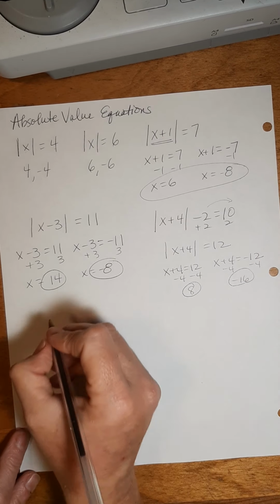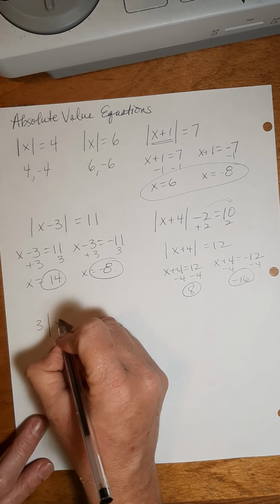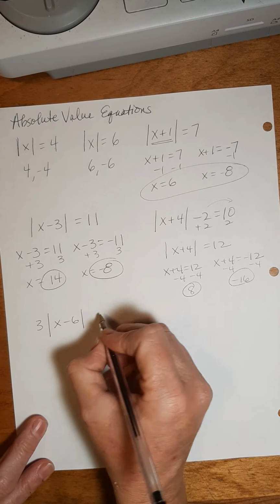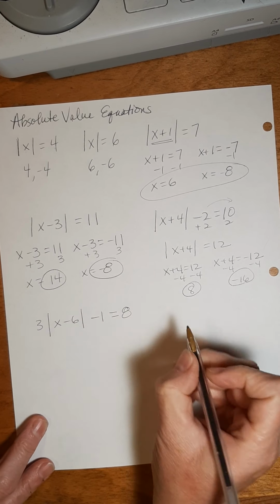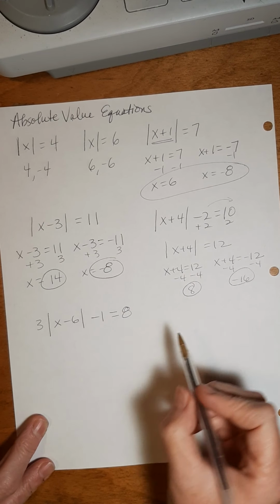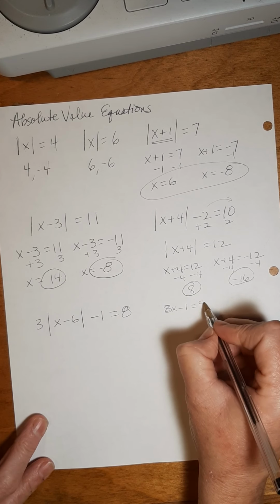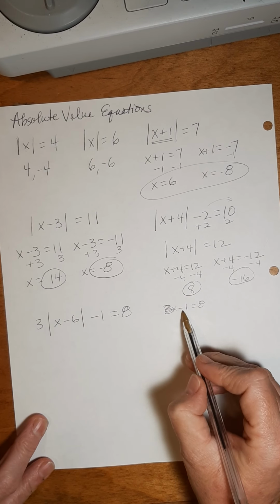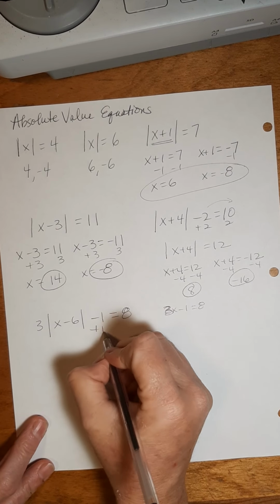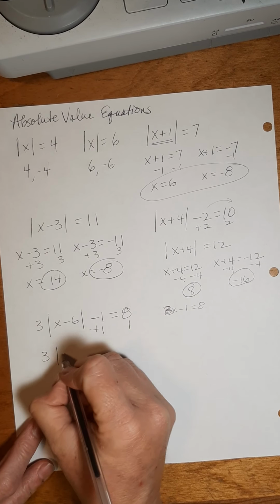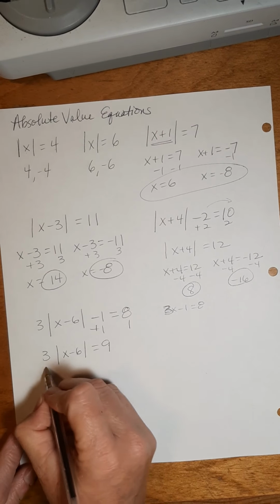Now, just like with any other equation, let's say they put a number out front. Well, you are not distributing that. What you're doing is, first, just like if I had the equation 3x minus 1 equals 8, you're going to add the 1, divide by 3. Well, that's the same thing you're going to do here. Add the 1, so 3 times absolute value of x minus 6 equals 9.